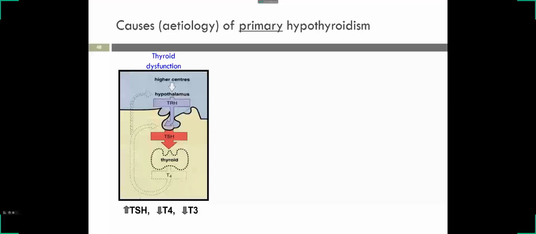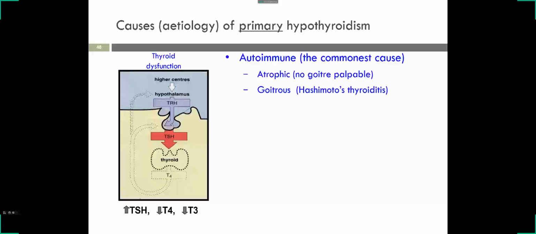This would be in the case of bacterial infection or viral infection. So, the most common cause of primary hypothyroidism is the autoimmune cause that I mentioned to you, some sort of infection, or in rare cases, antibodies against TSH.